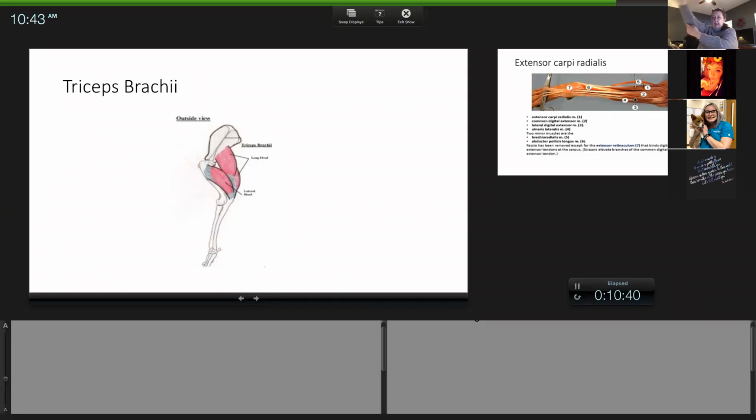By doing that, it pulls the olecranon towards the scapula, and by doing that, it extends the elbow. It also, depending on how far it contracts, can flex the shoulder. Extends the elbow, flexes the shoulder. So again, it's a muscle that does a couple different things.